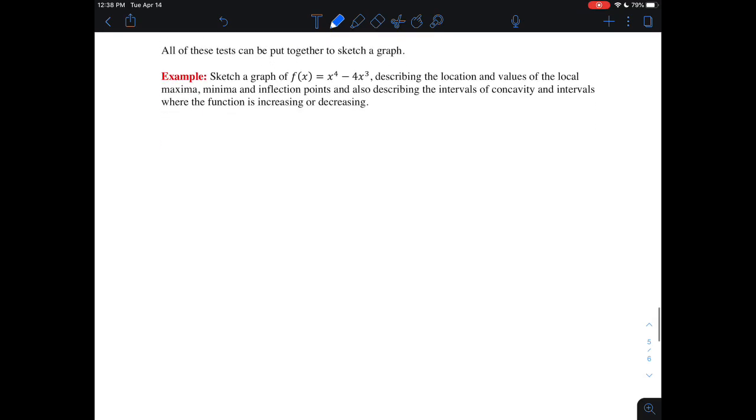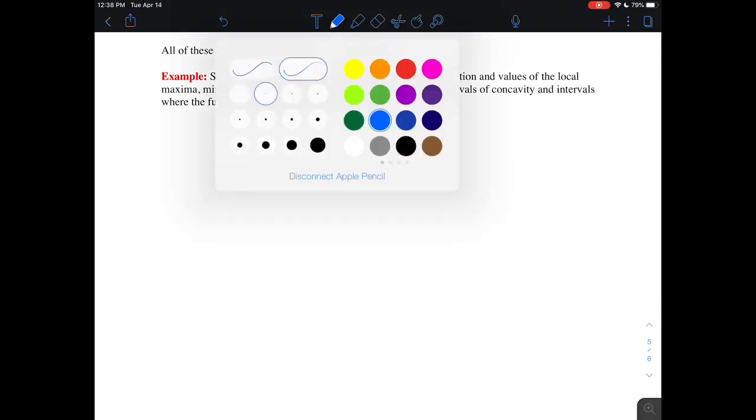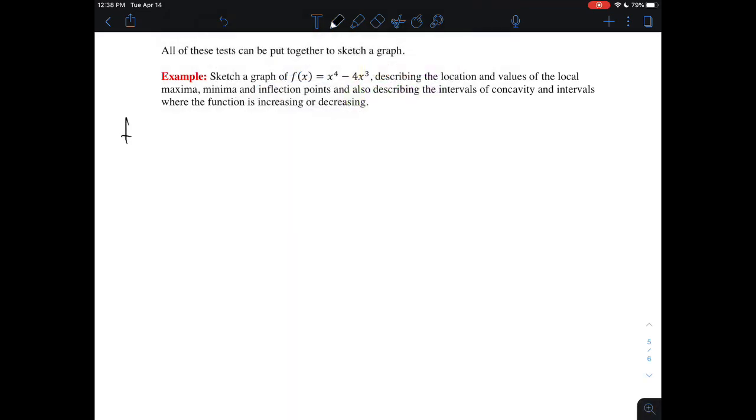So this is essentially just like we were doing with the previous examples, just with a new function. So we know certain things that we're going to need to find, like the first derivative, and then the second derivative. So our first derivative, f prime of x, is equal to 4x cubed minus 12x squared.